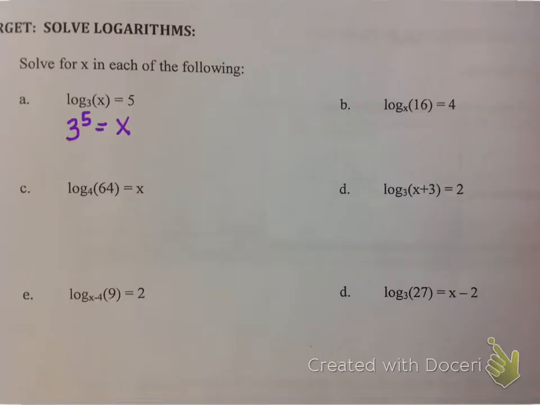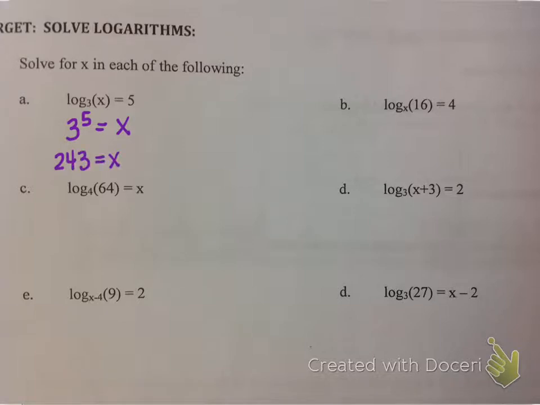Now for these problems, it's using the same idea. You have to understand the definition of switching between logarithms and exponential functions. But basically we want to solve and figure out what x is. I'll show you what I did for each of these. I raised 3 to the 5th power equals x, and simplifying that tells me x is 243.